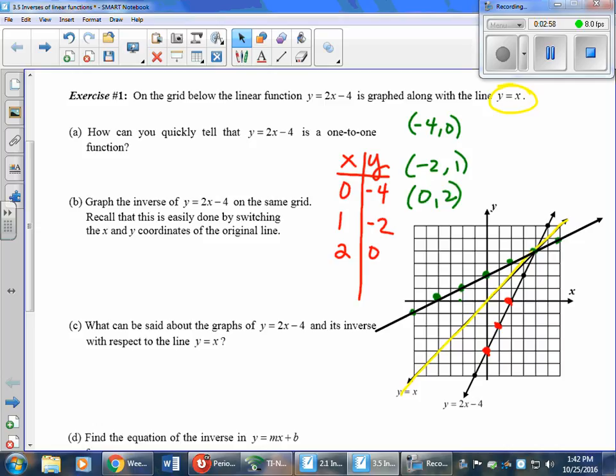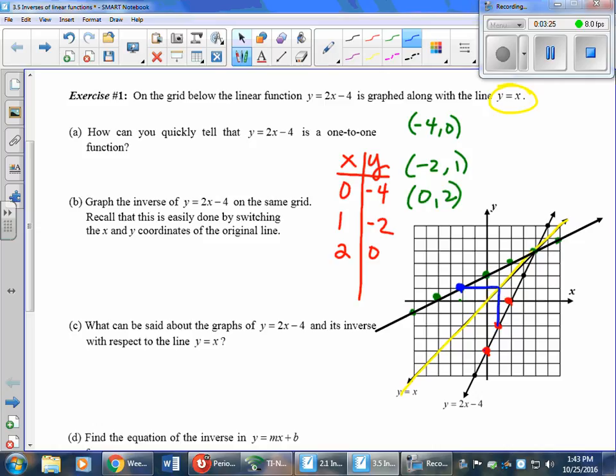What can be said about the graphs of y equals 2x minus 4 and its inverse with respect to the line y equals x? Think about that for a second. Trying to remember a few things from geometry last year and thinking about reflection lines, as we go up positive 3 from this point, left 3, that gives us a point right here.